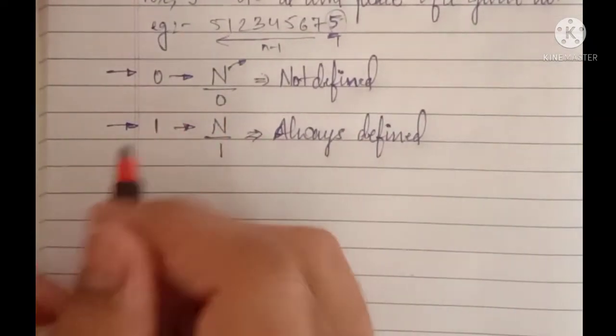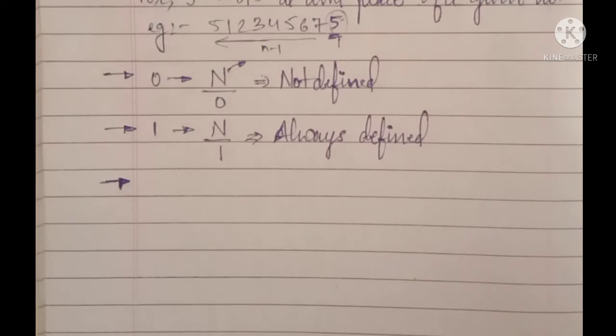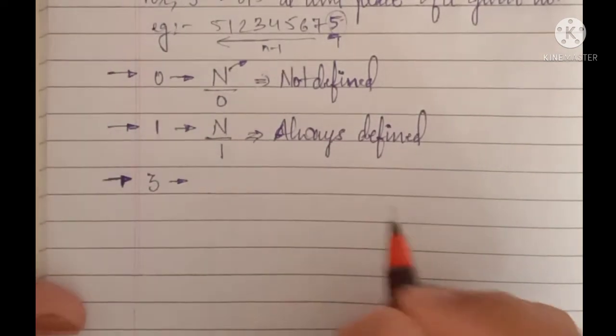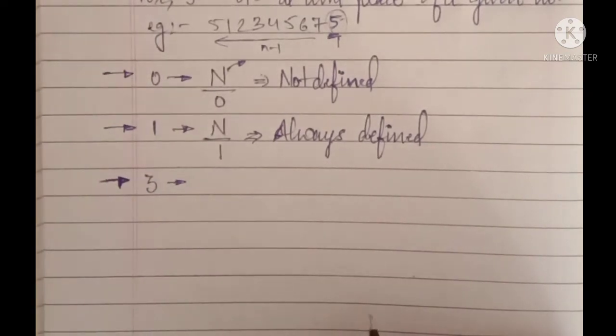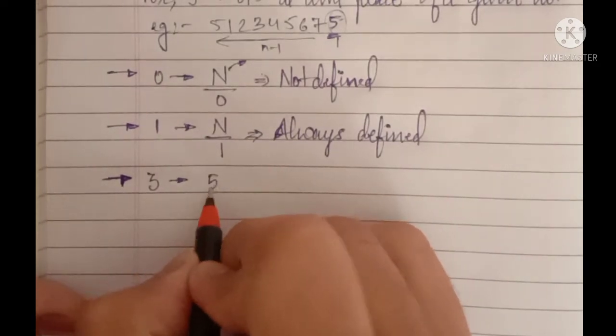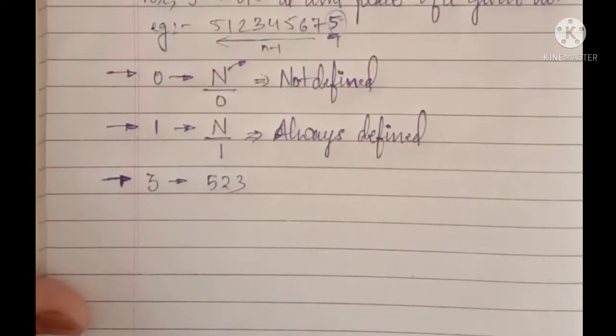Now we are focusing on the main thing, which is asked in questions very often, that is 3. The divisibility test for 3. Suppose I take any random number, say 523.